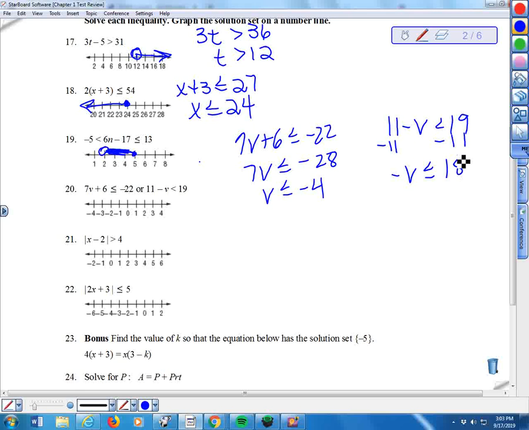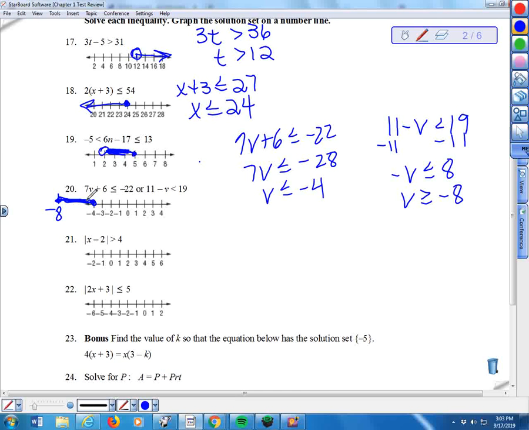And then divide by negative 1, flip my sign. So v is less than or equal to negative 4, and greater than or equal to negative 8. So it's going to be between those two.